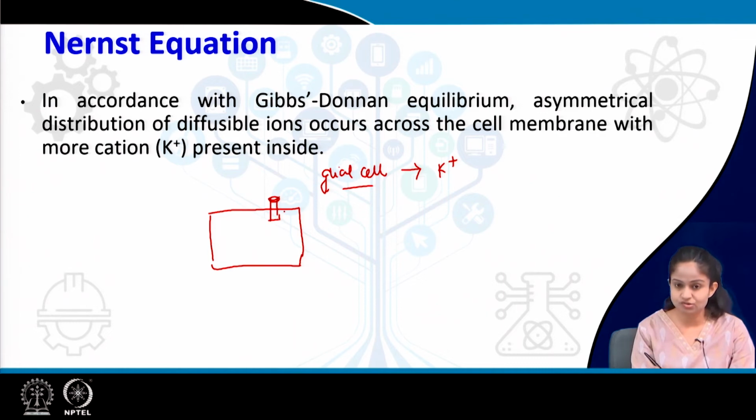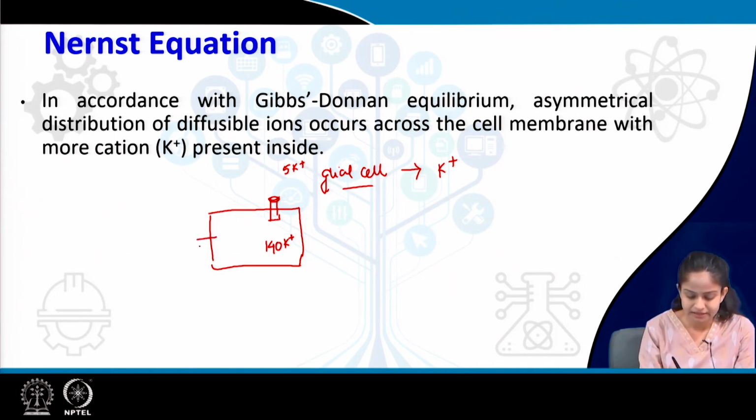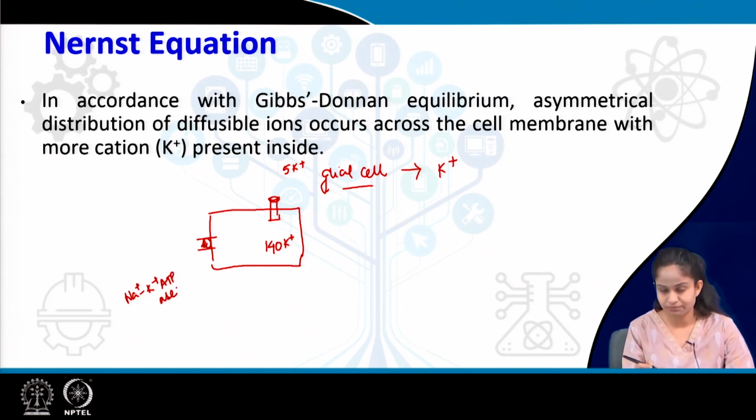As we know, intracellularly we have more potassium concentration and extracellularly less potassium concentration, and this gradient is maintained by none other than the sodium potassium ATPase pump, which is a primary transport pump.